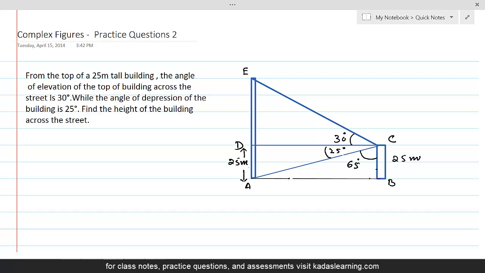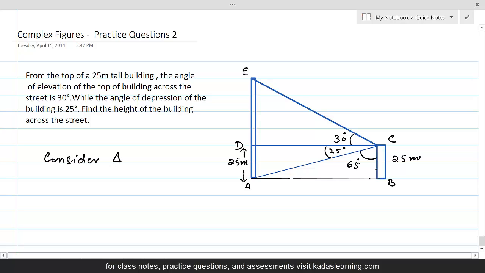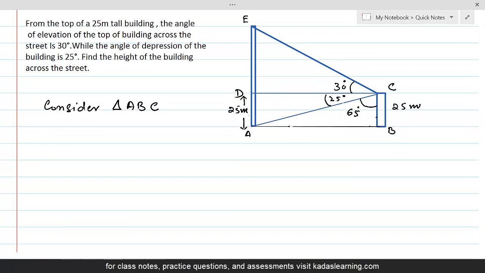If we consider triangle ABC, tangent is a ratio between perpendicular over base, or in other words, a ratio between opposite and adjacent.